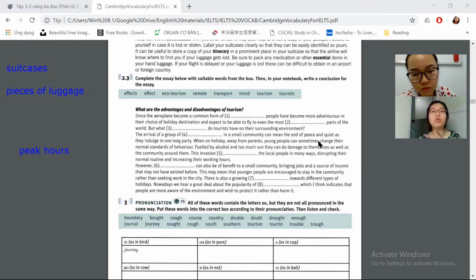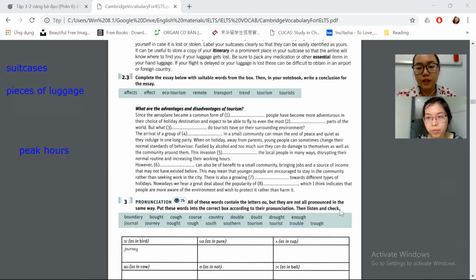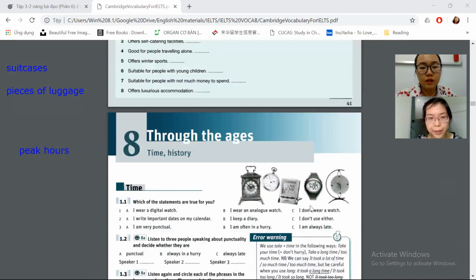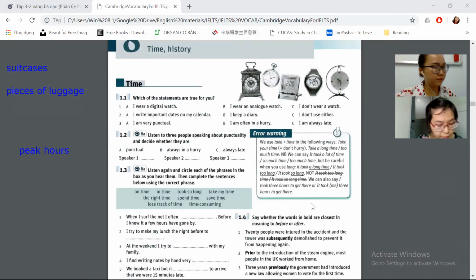So ecotourism, eco is like the ecosystem, du lịch sinh thái. Okay, so ecotourism is something that is very environmentally friendly. They're close to nature and something like that. Okay, very good.